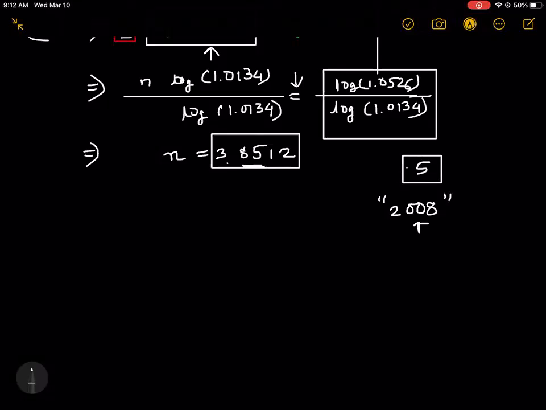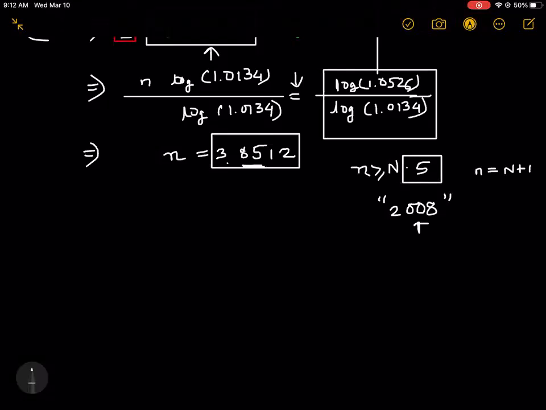So if we have n greater than or equal to some digit n.5, then we'll write n equals the next integer, which is n plus 1.